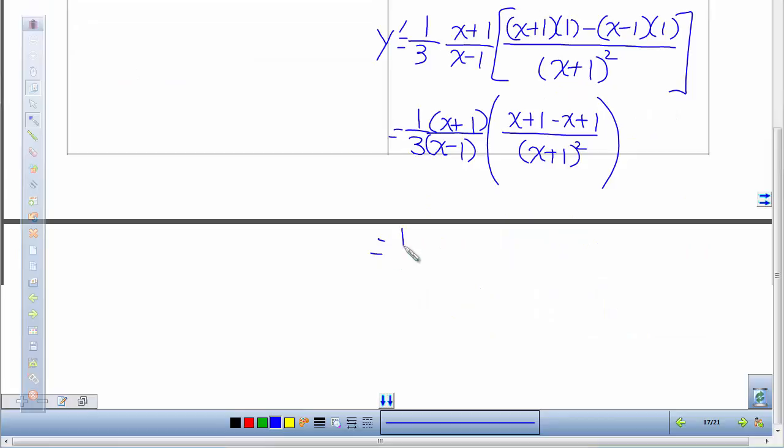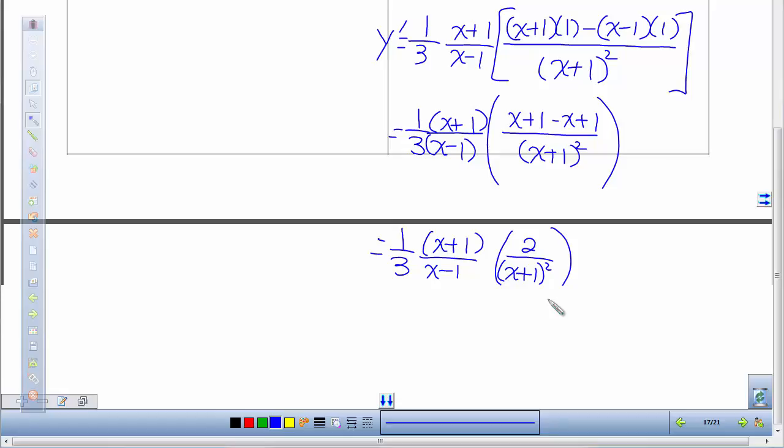So we get 1/3 times x plus 1 over x minus 1, times what? This numerator is 2 over x plus 1 squared.